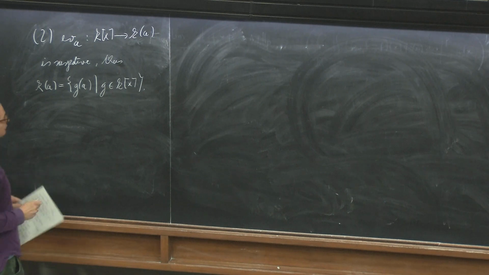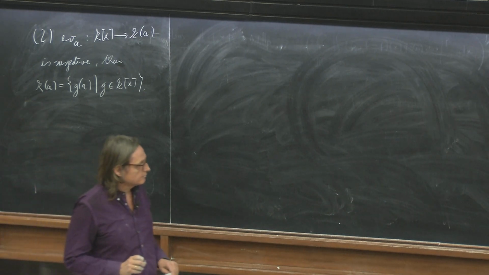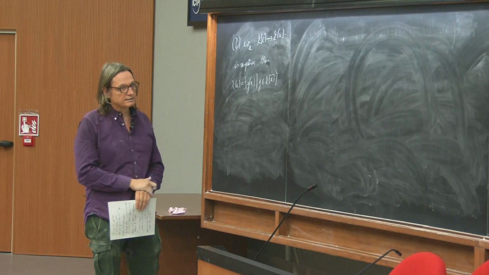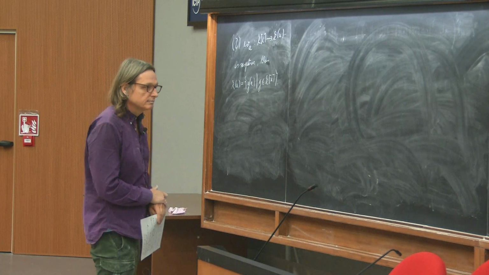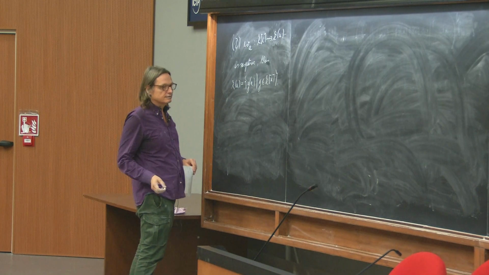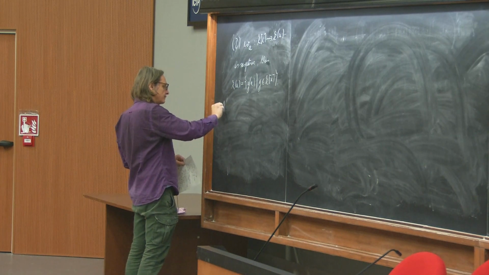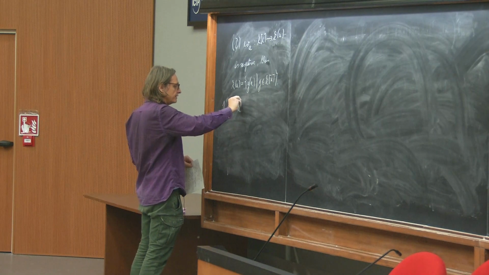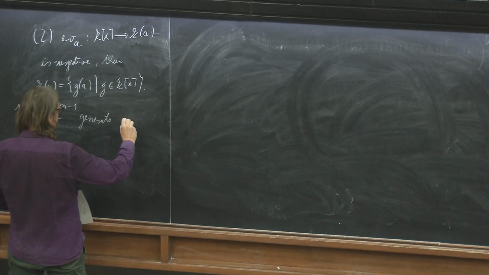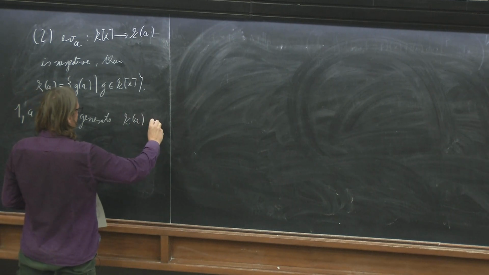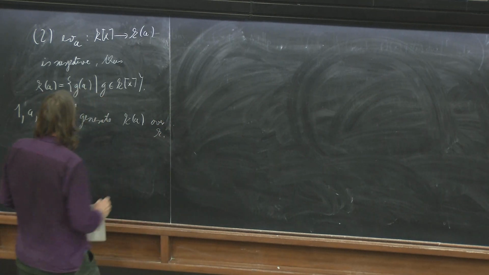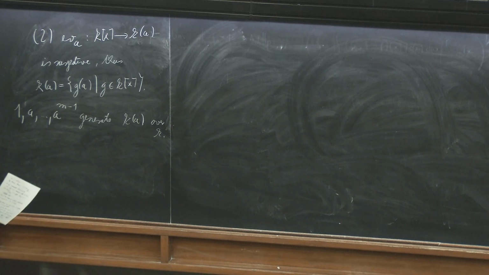So now we want to see that, remember that the degree of the minimal polynomial was m. Now we want to see that we have this basis 1, A, until A to the m minus 1. So 1 until A to the m minus 1 generate K(A) over K as a K-vector space. Well, we have to remember this thing with these polynomials.